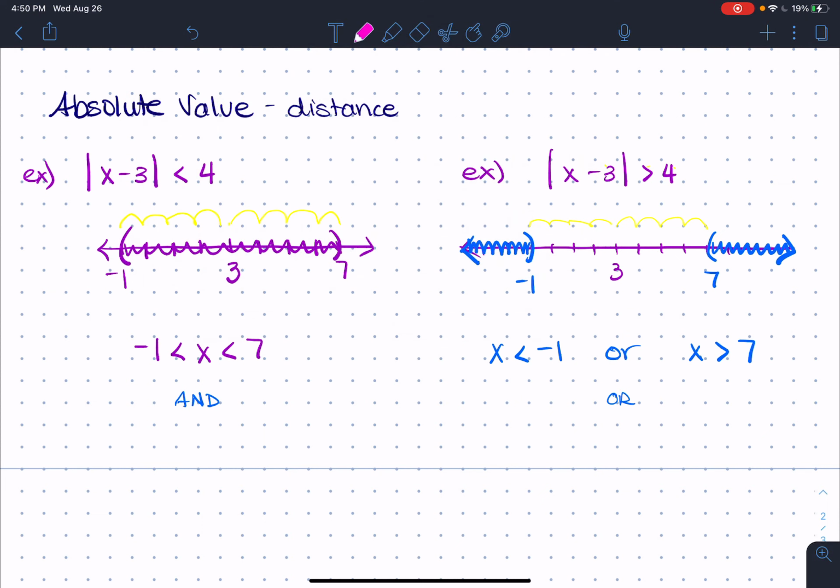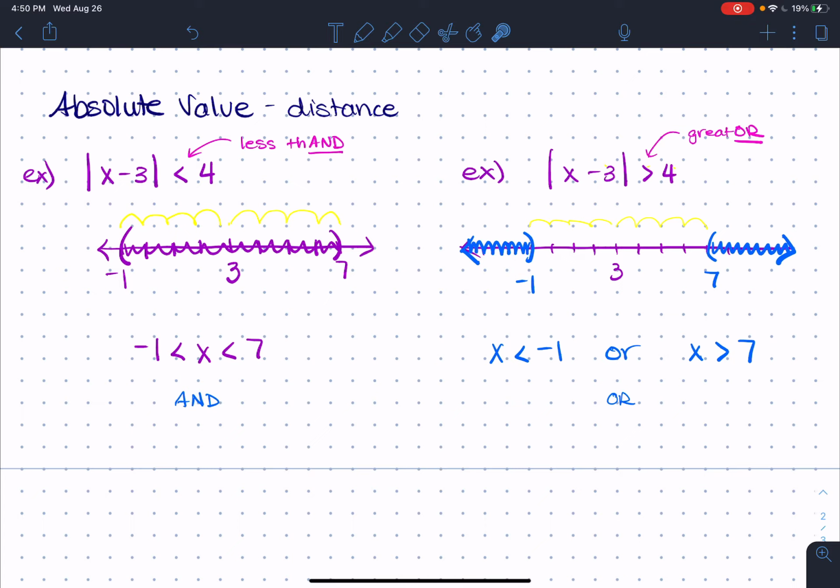A less than symbol is and, a greater than symbol is or. Less than, greater. That's your short way of doing it. But this whole thing explains why a less than symbol is and a greater than symbol is or.